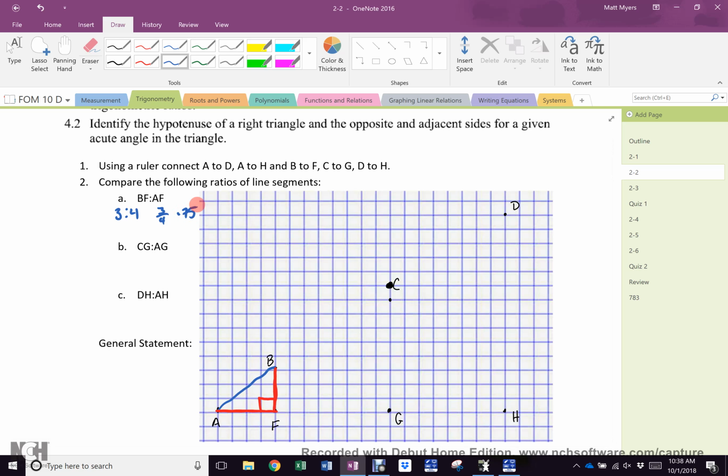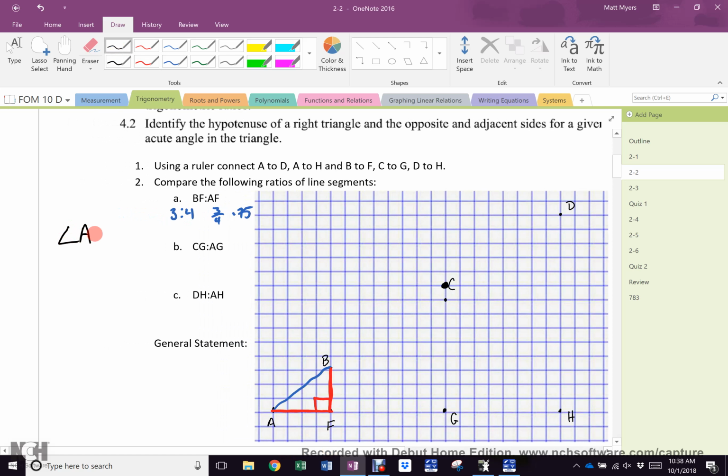And you should all be aware that there is an unknown angle at angle A. Is everybody good? Because we haven't measured it, but we know angle A exists. Yes? Excellent. Now, take your pen, pencil, whatever you are writing with, and connect F to G and G to C.